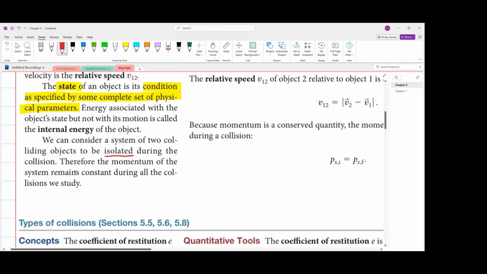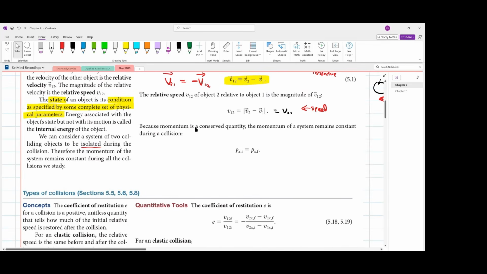The only time you don't take it to be isolated is when they specify that it is not isolated. But if they don't specify, then it is always isolated. So again, momentum remains conserved during a collision. This again is an idea that we are familiar with. Okay, so that's relative velocity.